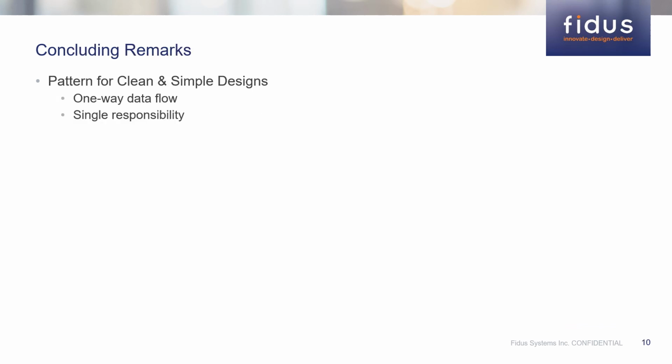Now, we have seen how a clean and simple CLI is designed. If we step back and ask ourselves a question, how do we make clean and simple designs in general? There are many aspects we could look at. My insight is along the line of a design pattern. There are two key ingredients. First, a one-way data flow.